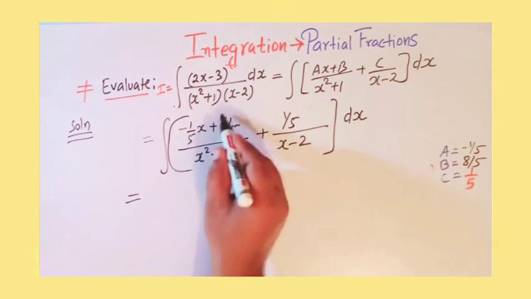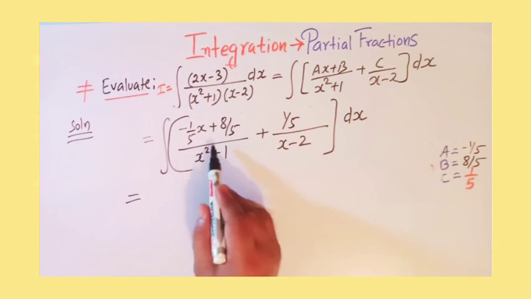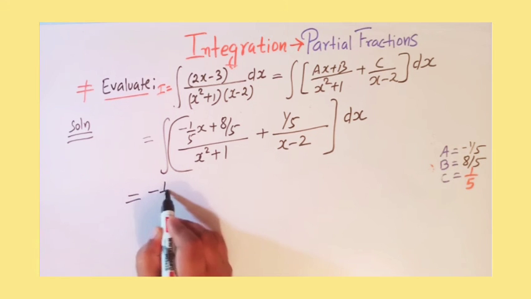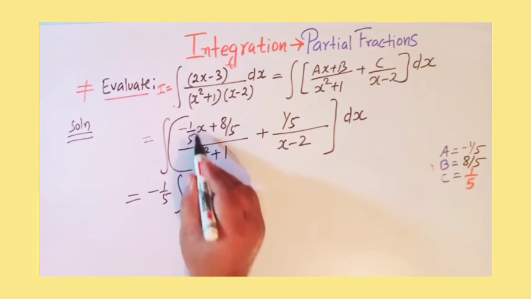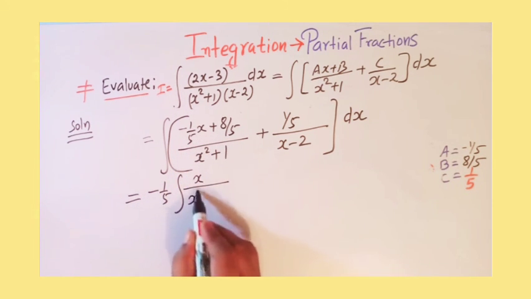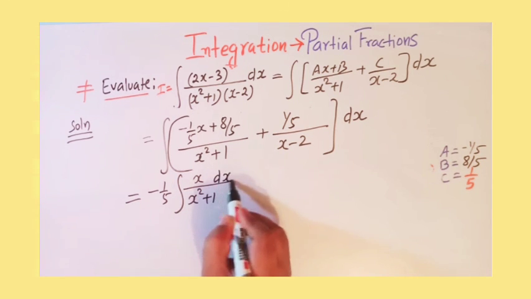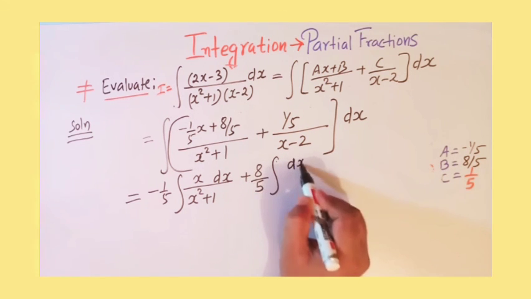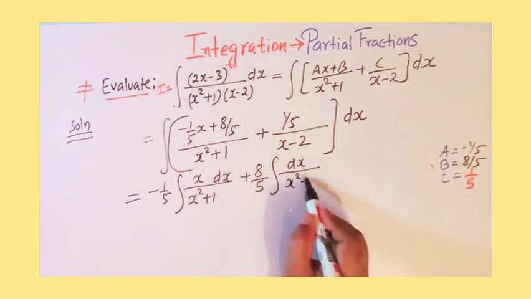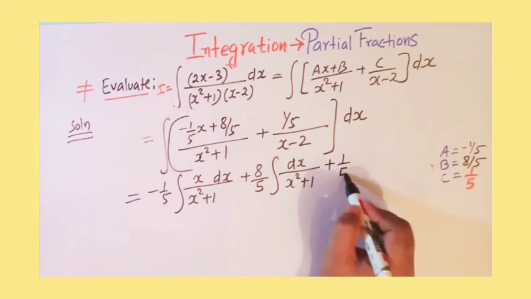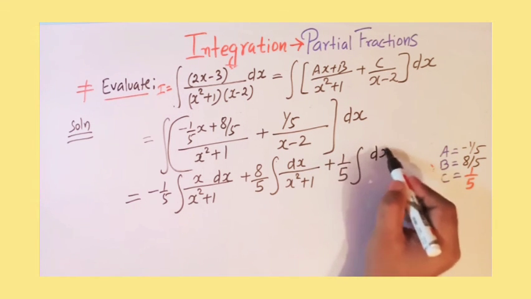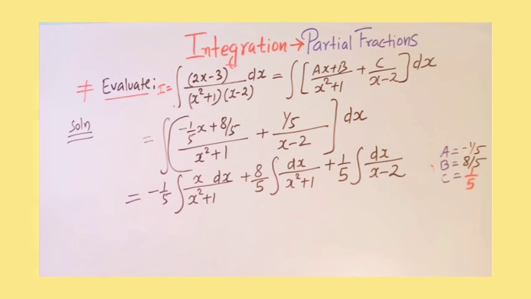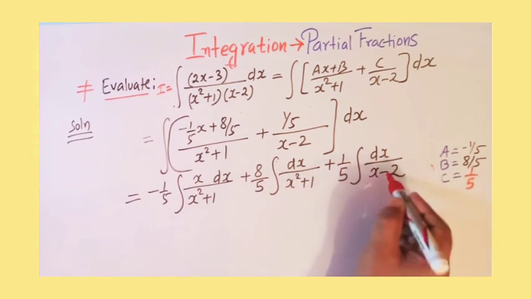Now if we write the individual integrals, we have minus 1 by 5 integral of x divided by x square plus 1 dx, then we have 8 by 5 integral of 1 over x square plus 1, and then we have 1 over 5 integral of 1 over x minus 2, right? Now we have three integrals here.